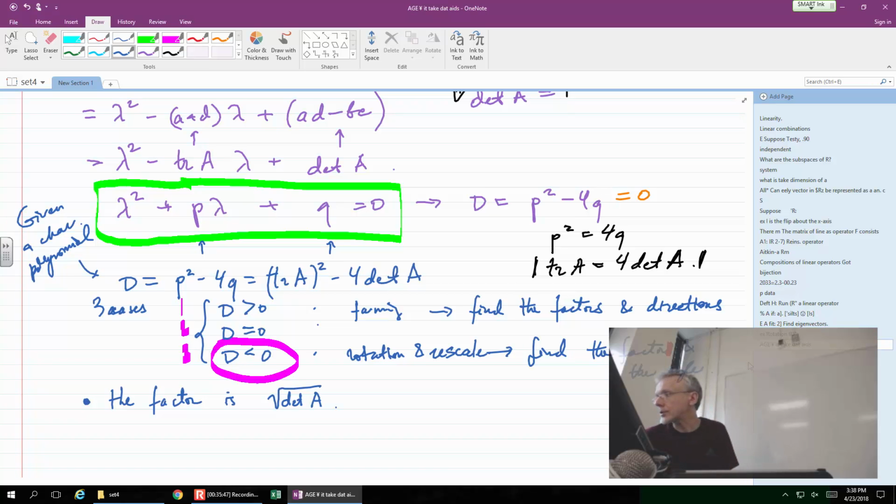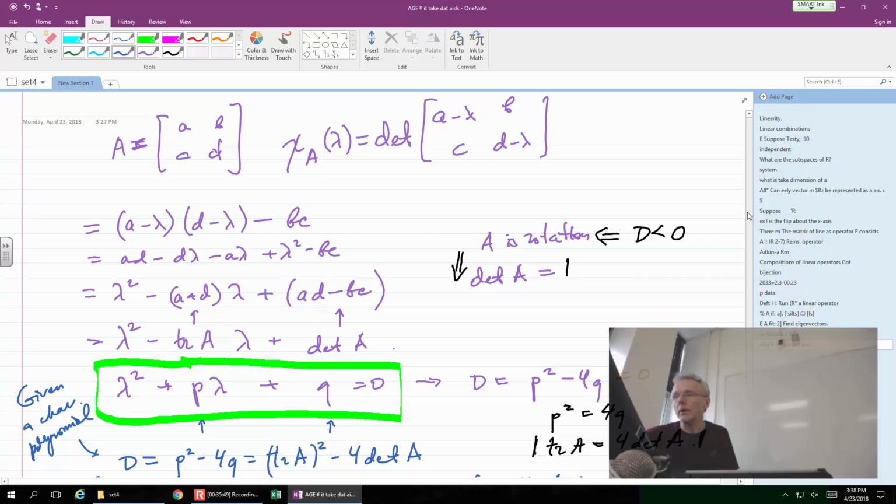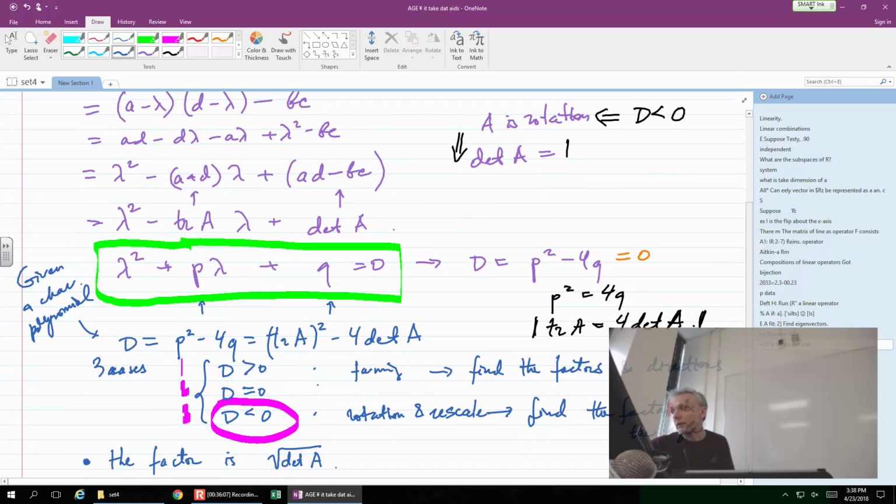Think about units. So we're transforming. That is our linear operator. We're transforming the plane. Everything is measured in feet. Okay. Then the numbers are measured in feet. And then if you multiply feet by feet, you have feet squared. Then you take a root, and you have a feet again. Okay.